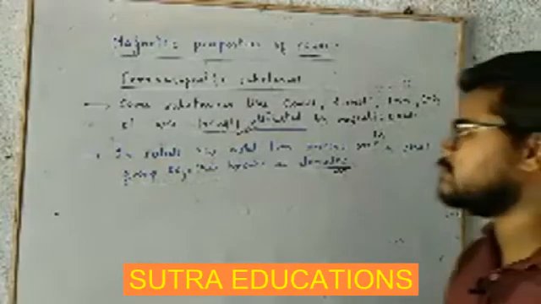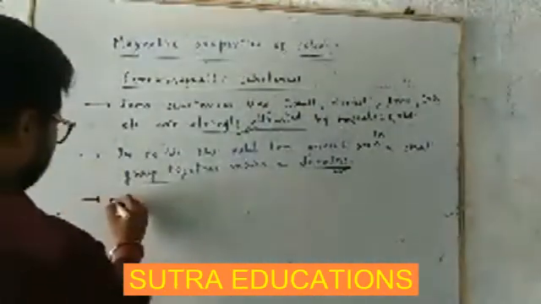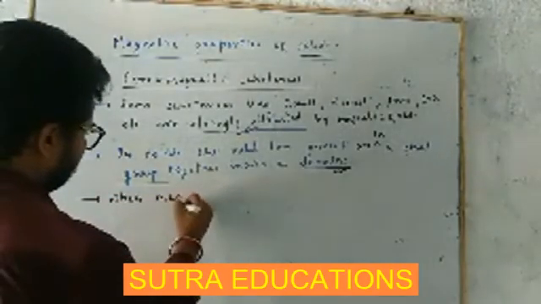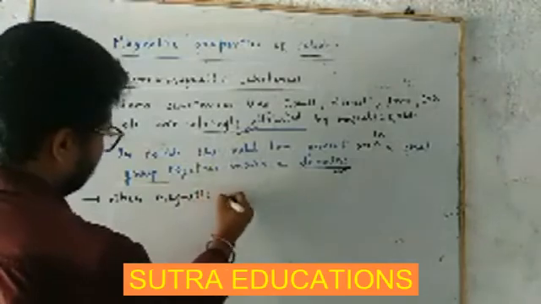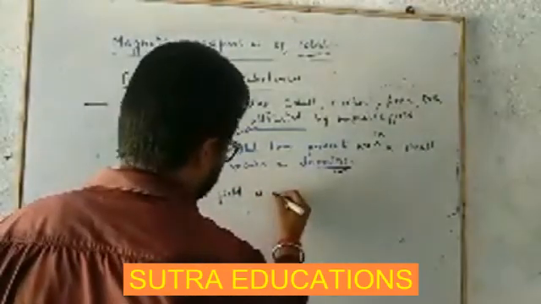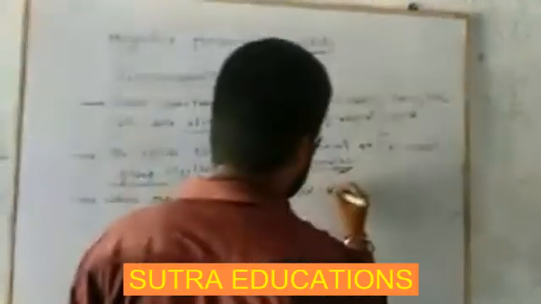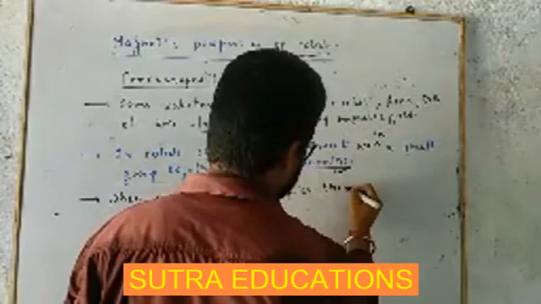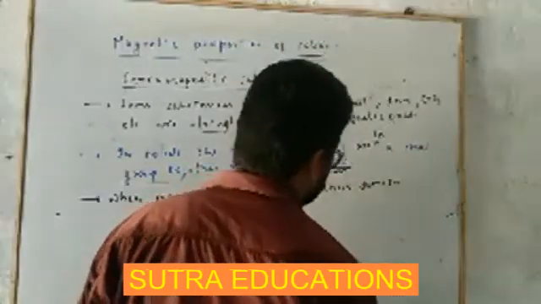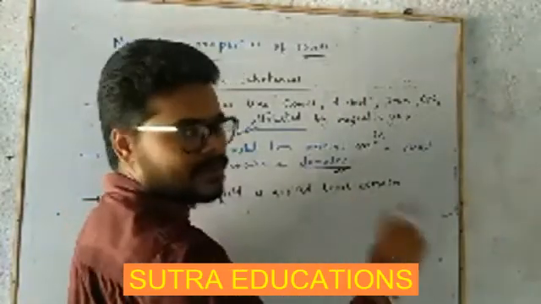So what happens when magnetic field is applied? What is domain? Domain is simply the metal ions which are grouped together in a small region.